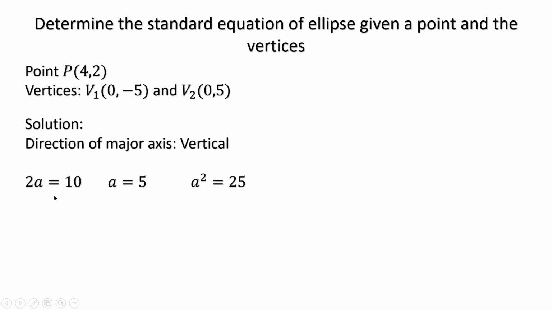So our 2a is equal to 10. Where did we get our 2a? We get the distance from negative 5 to 5. So that is 10. So a is equal to 5, a squared is equal to 25. And the center is at the origin. So solve for b. For this case, the given are point and vertices, so we need to solve for b.